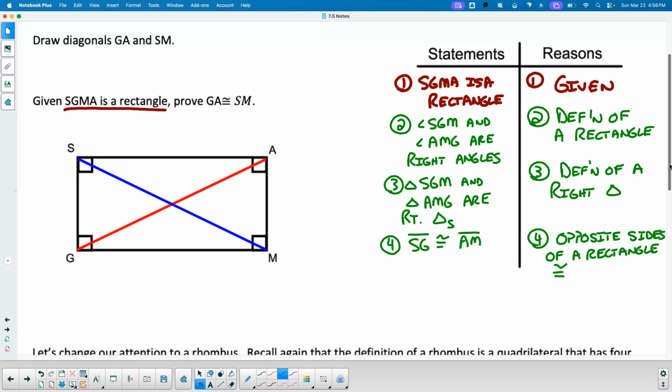Then we can say that side GM is congruent to side GM, and that would be reflexive.